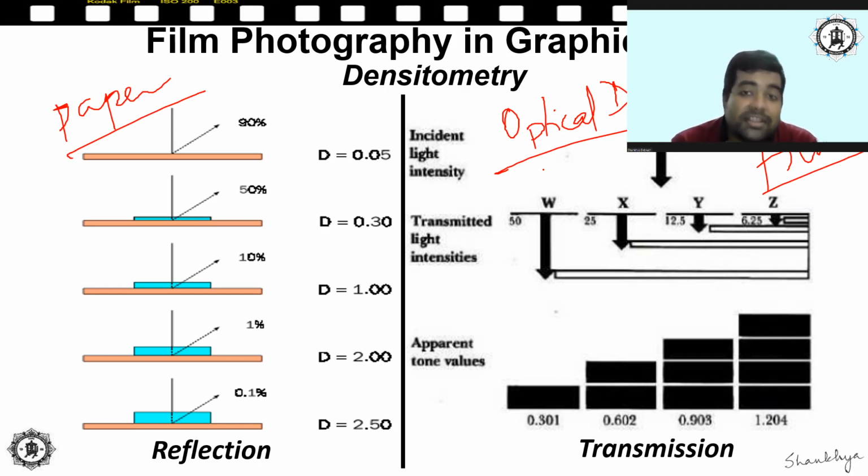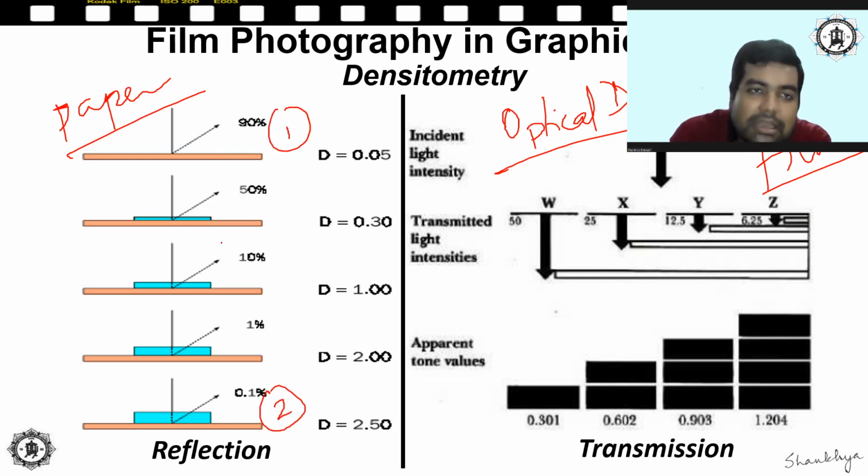Now, what is the concept behind densitometry? Now, consider these two examples, situation 1 and situation 2. Let us say that we have illuminated this paper surface with 100% of some light. In this first case, there is no ink film layer at all, right?